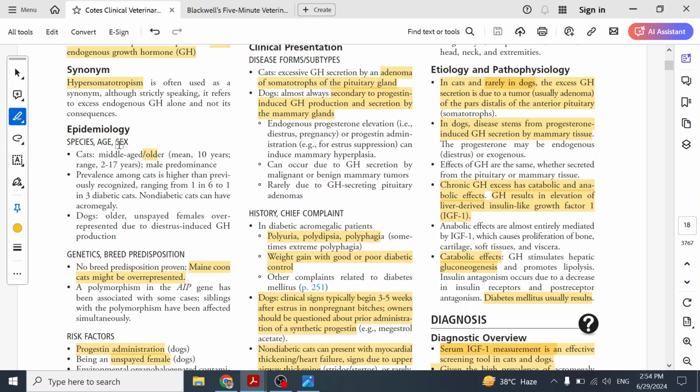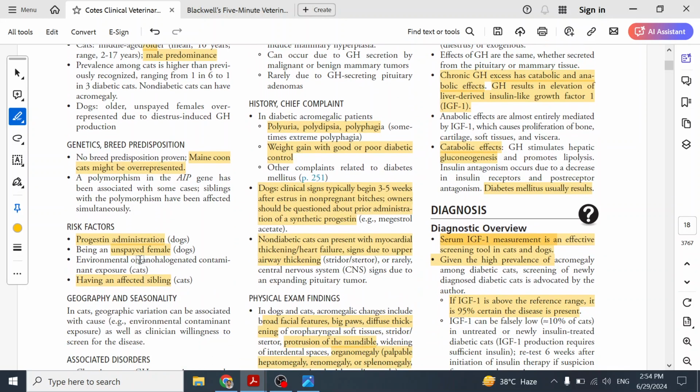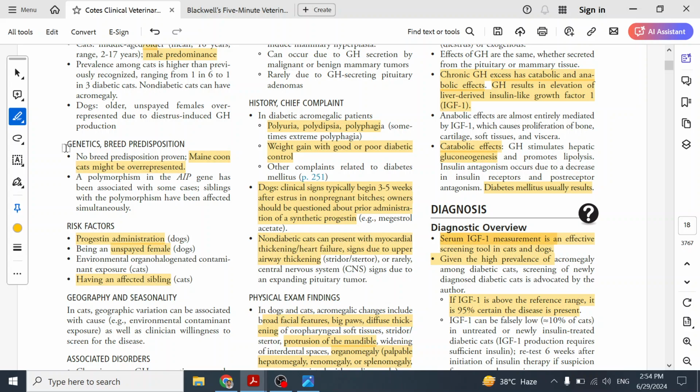It is most common in older cats, which is the most memorable thing about acromegaly. It is found in older age, around 10 years or from 2 to 70 years, and it is dominant in males. Regarding genetics and breed predisposition, Maine Coon cats are overrepresented.